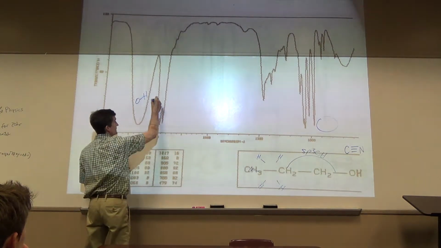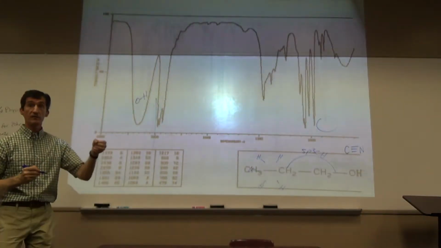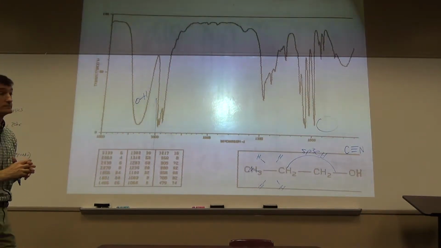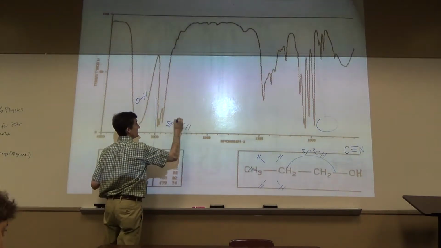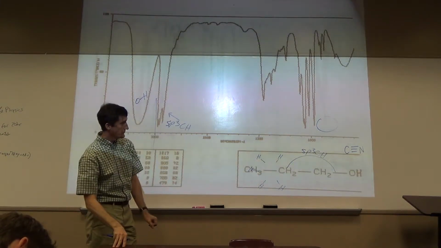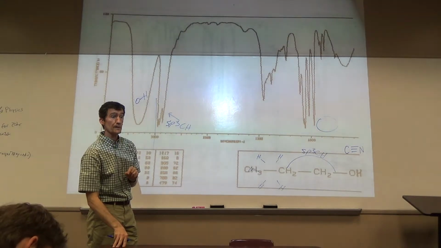What else do we have here? The trade-off is now you just put a little bit up there and goop. It's a lot faster to run an IR now. What do we have here? sp3 CH. What else is in our molecule? I see one other bond. What other bond is there that we haven't talked about?